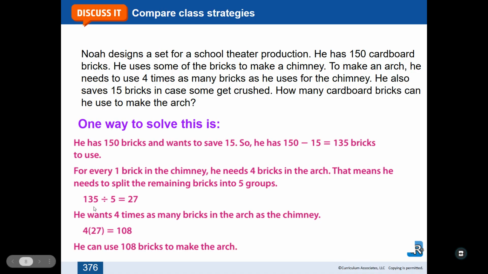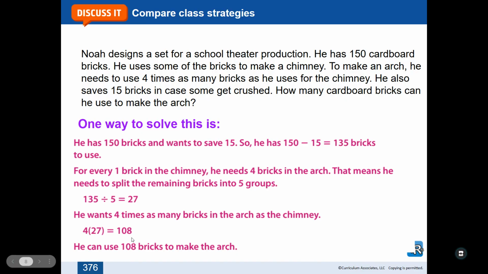So we take 135 divided by 5 and get 27. So now that we know 27 is how many bricks he uses to make the chimney, and he wants to use 4 times as many bricks in the arch, we take 4 times 27 equals 108 bricks.